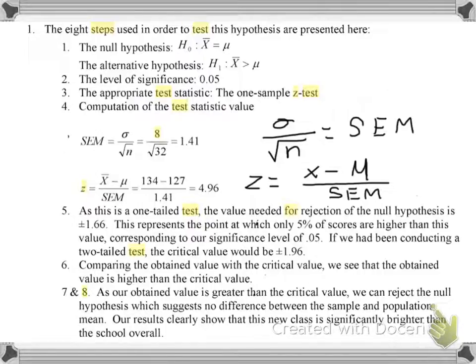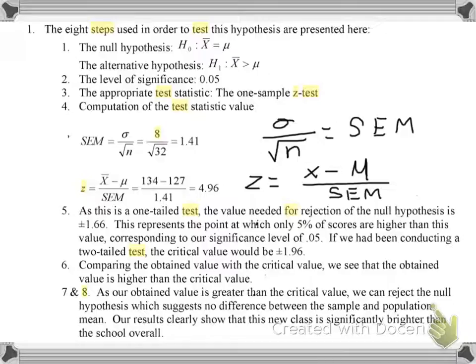The null hypothesis states that the sample average is equal to the population average. If the null is not rejected, that means that the sample is representative of the population. If the null is rejected in favor of the research hypothesis, that means that the sample average is different from the population average.